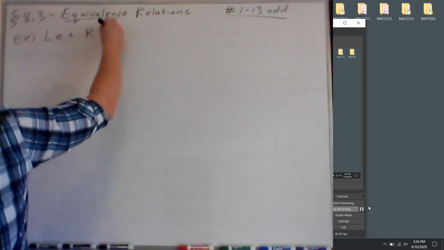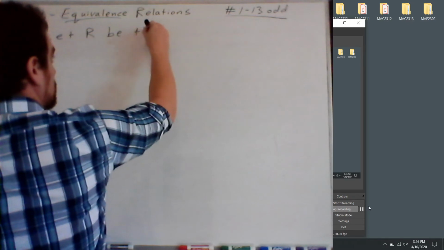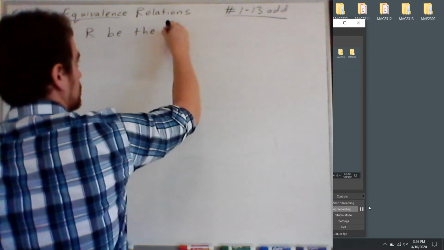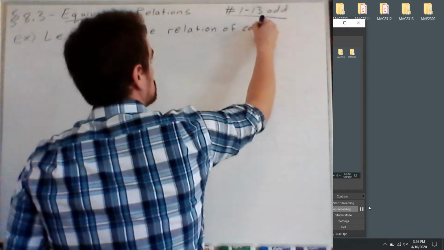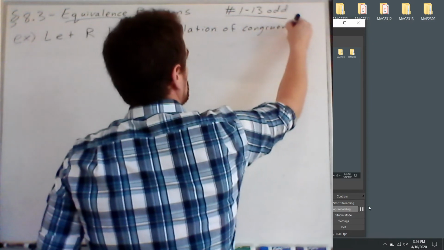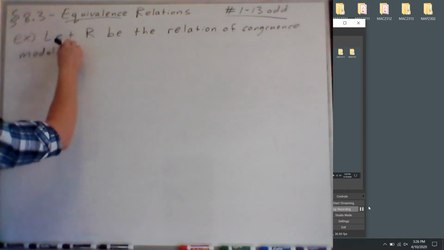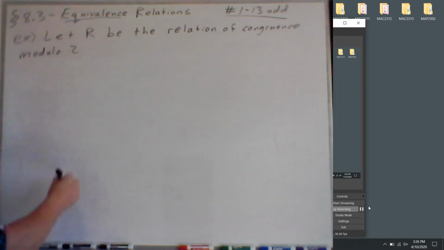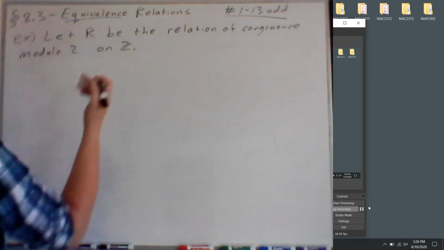Let R be the relation of congruence mod 2 on the integers Z, right?